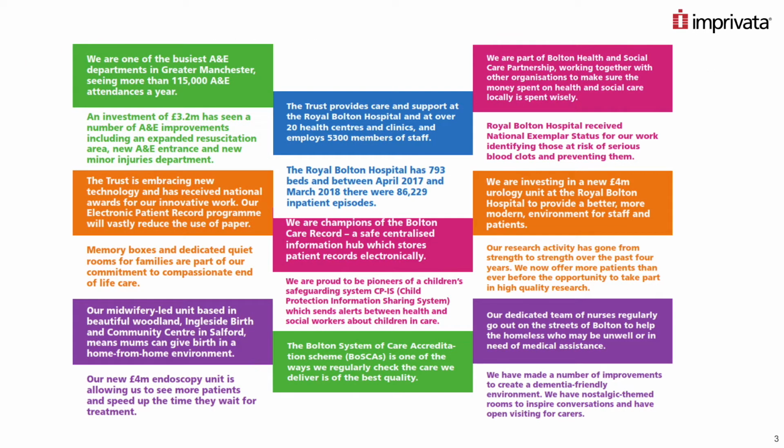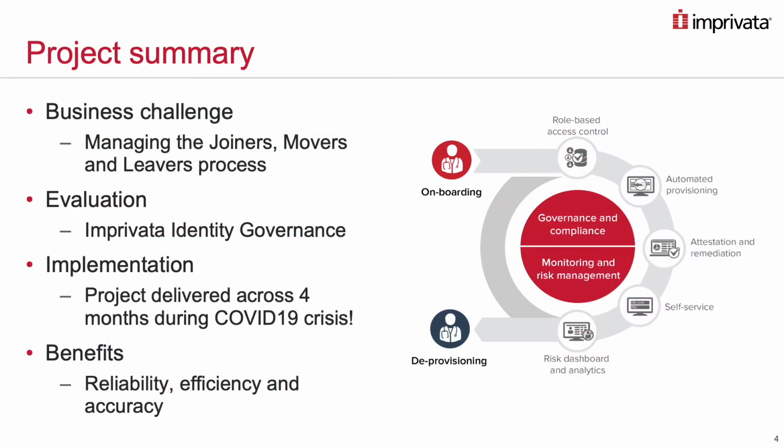We are the second busiest A&E in Greater Manchester, and a large site and women's and children's super centre in Greater Manchester. What we'd like to talk to you about today is the business challenge and our customer experience in working with Imprivata.